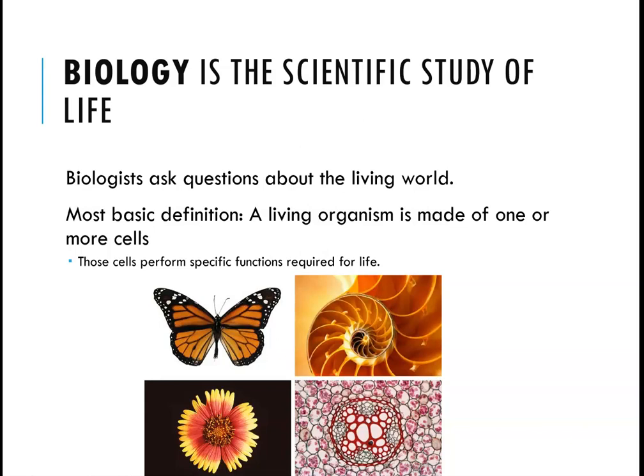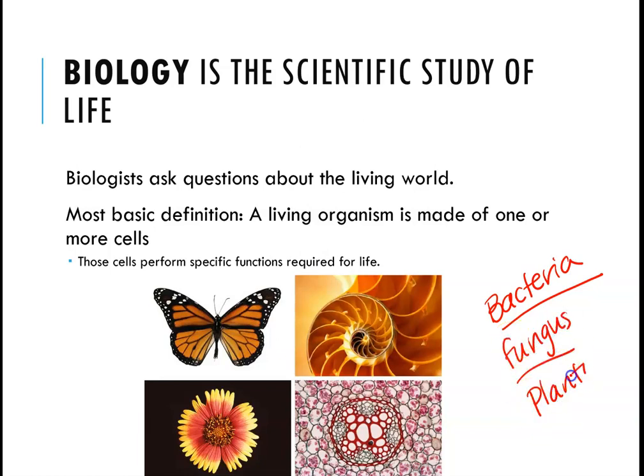So the most basic definition of life is that a living organism is made up of one or more cells. Now, this can be anything from bacteria, which is not pictured here, but we discussed E. coli a little bit in our model organisms video, to fungus, plants, and animals.